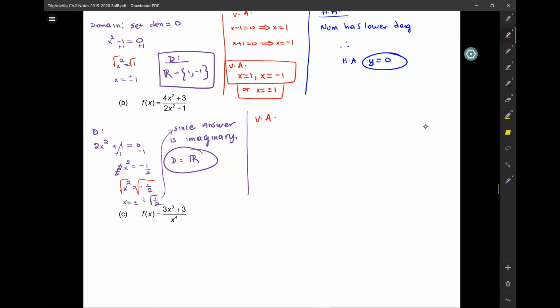Okay, vertical asymptote. Because the domain is all reals, no vertical asymptote. If the domain is all reals, no vertical asymptote. So you just write none in the answer space. None.